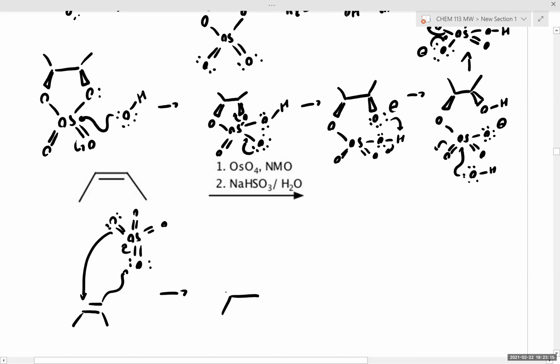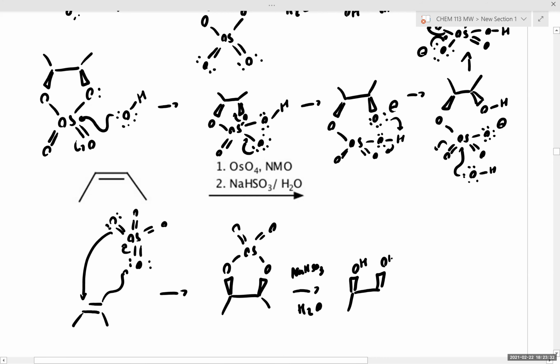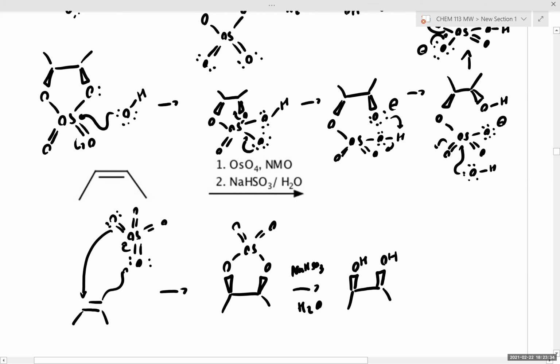So we generate the following osmate ester. And then from there, it's cleaved off to yield the following diol.